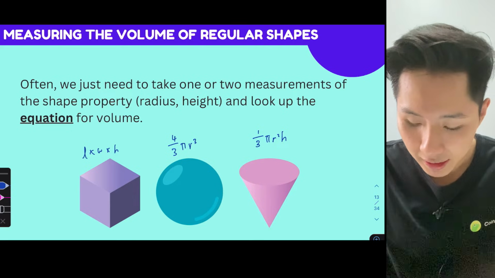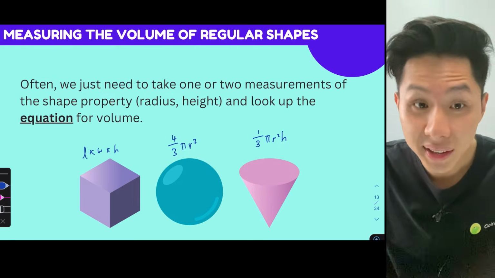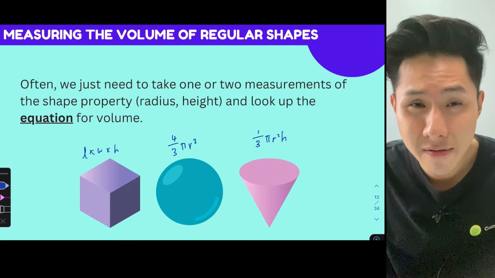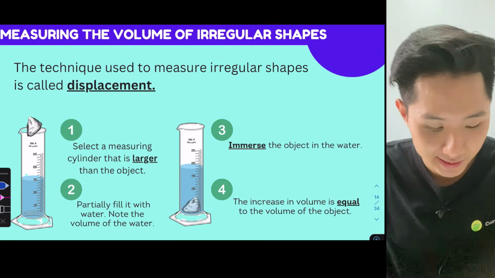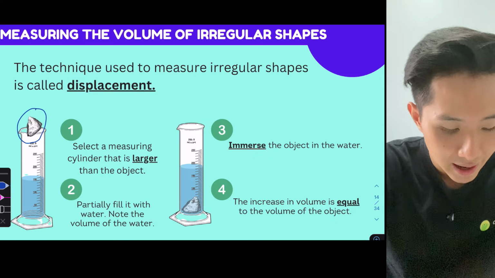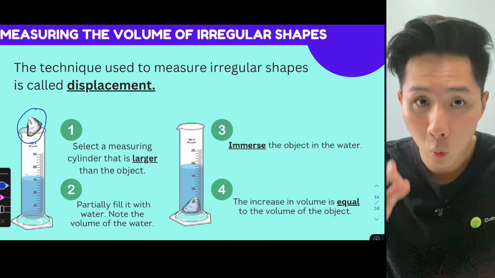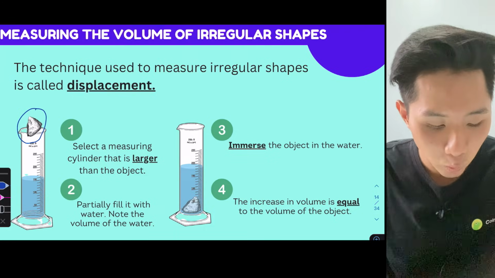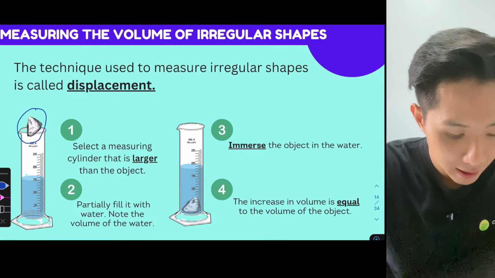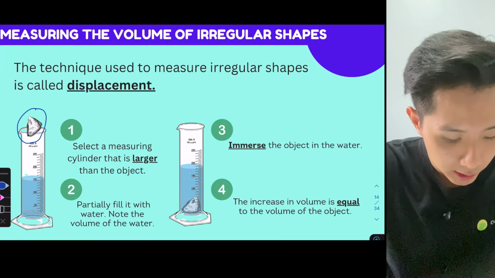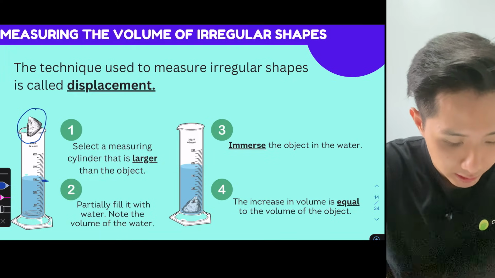But one thing that some of you might not know is how to calculate the volume of an irregular shape, like a stone here. The way we do that in physics is to use a method called the water displacement method, where we prepare a measuring cylinder, put in some water, and measure the initial volume.